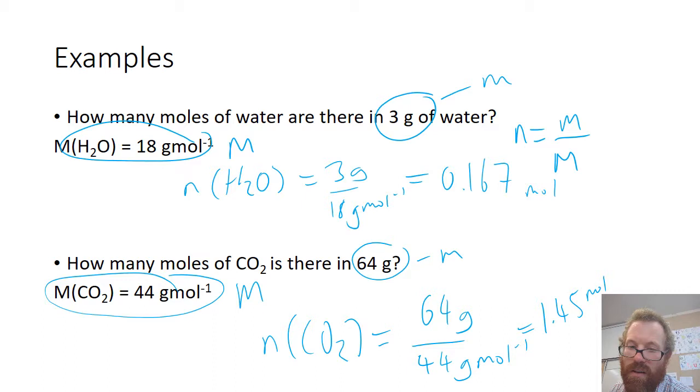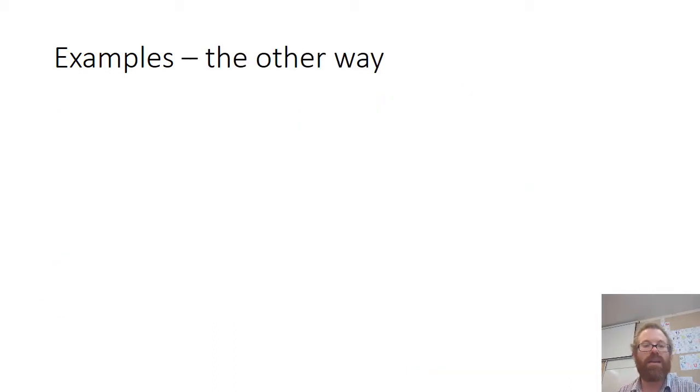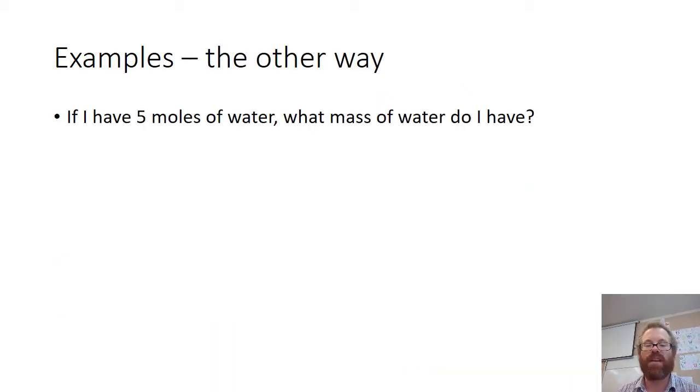What can we do? Another way is calculating how much mass we have. So we had n equals little m over big M. And if you like your algebra, we can rearrange to make little m the subject.